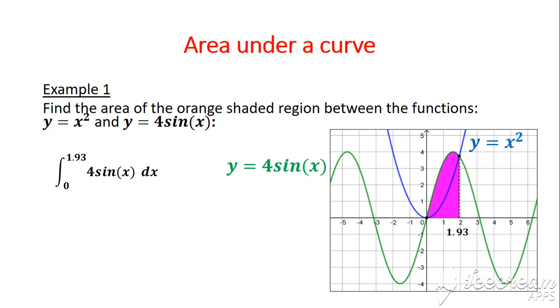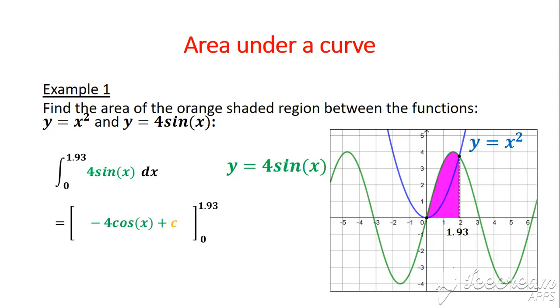So I'm going to find this purple region first, and that is going to be found by integrating the function 4 sine x, which I'm just working on my green function, my trig graph, 4 sine x, and I'm integrating between the boundaries of 1.93 and 0. That'll give me this pink region. So let's get into it.